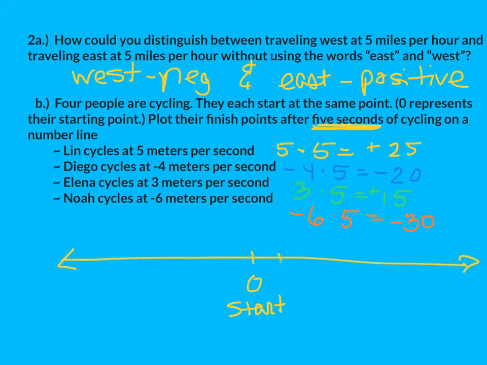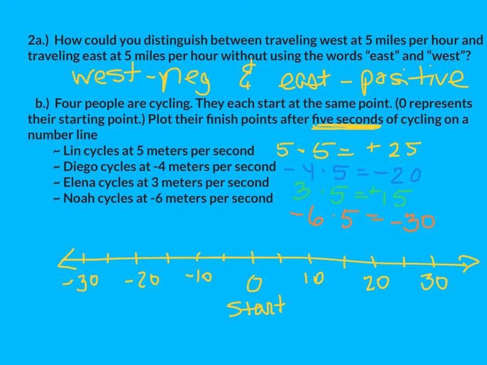So we'll say this is 5, 10, 15, 20, 25, 30. So this is -5, -10, -15, -20, -25, -30.